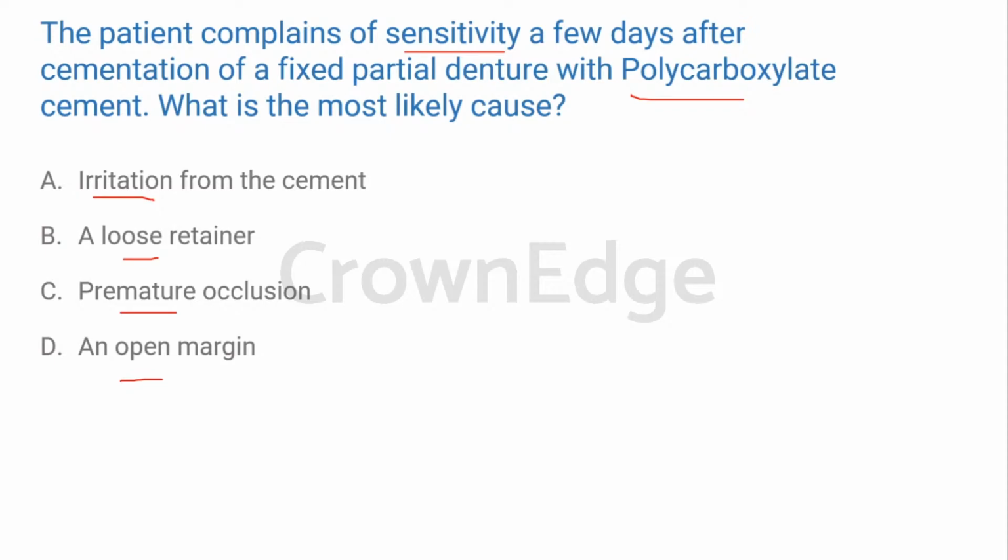What to understand is that polycarboxylate has a slight amount of acid, polycarboxylic acid, so it is capable of causing some amount of irritation within your periodontium, right? But sensitivity as an issue, why do you think the patient has sensitivity with regards to an FPD?